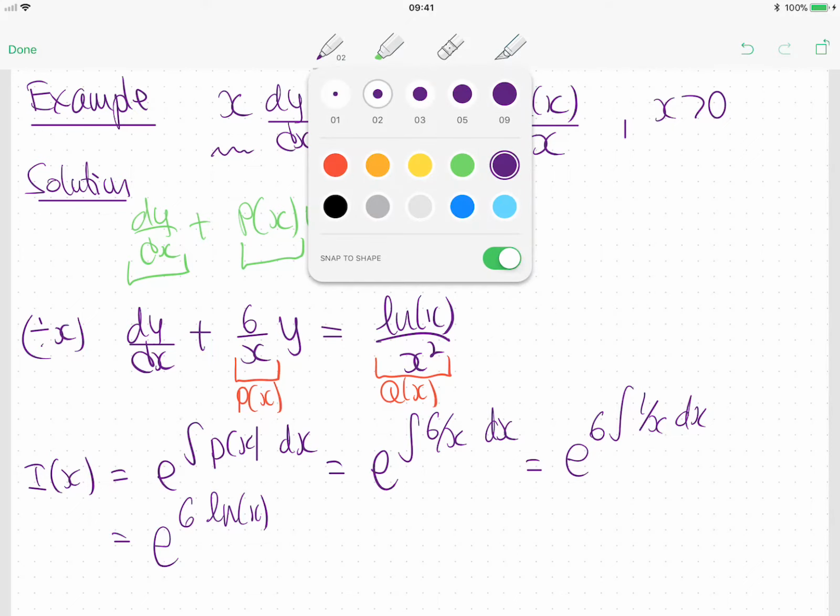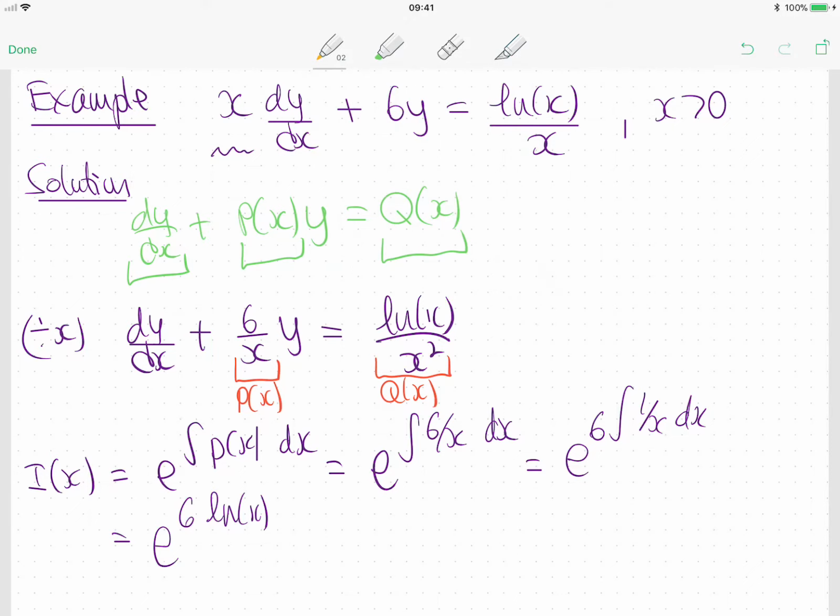Okay, what we want to do next is cancel off the logs and the e's. So I want to use this rule that e to the power log of some number, let's say a, is just a.